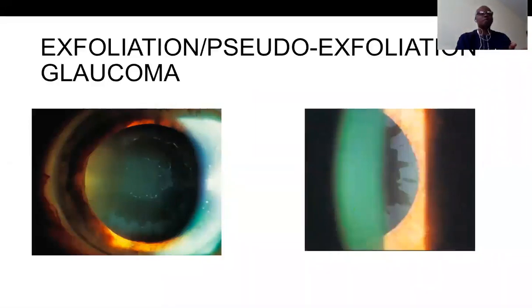It's sometimes called the bullseye sign, in which there's a central translucent disc surrounded by a clear zone, and then another translucent area which is bounded by scalloped margin, as seen clearly in the second picture. The second picture also shows exfoliation materials on the margin of the pupil.